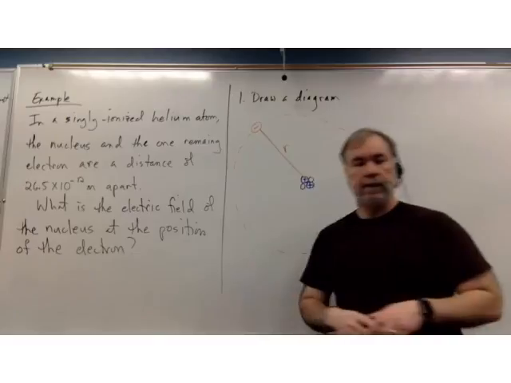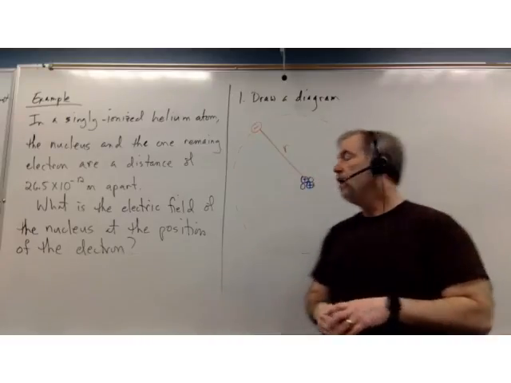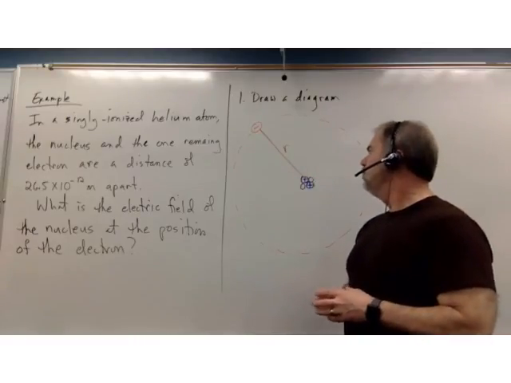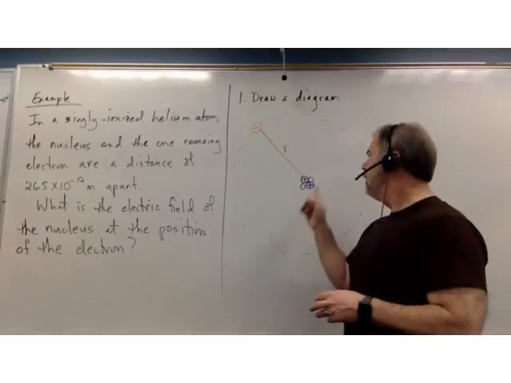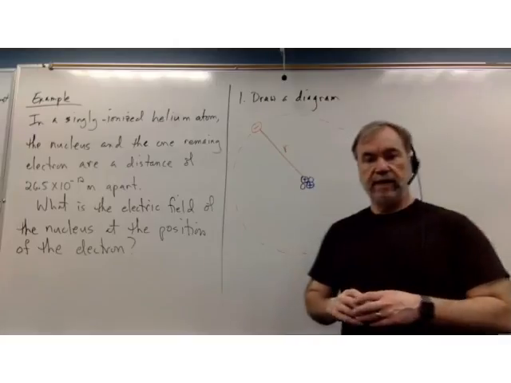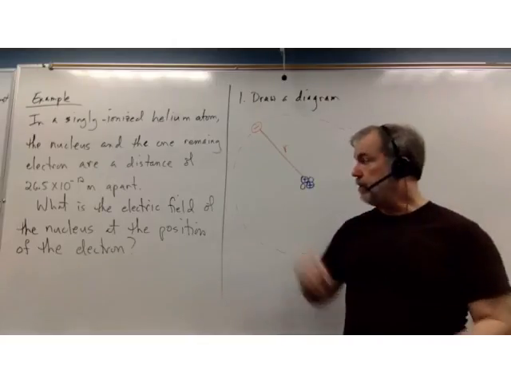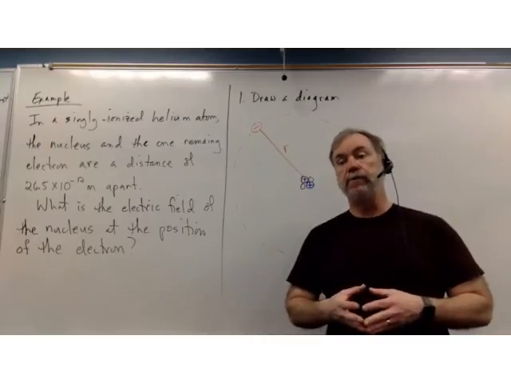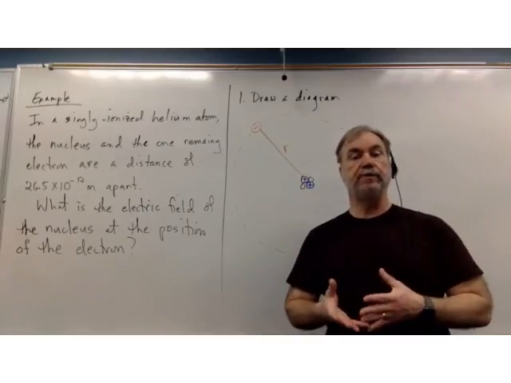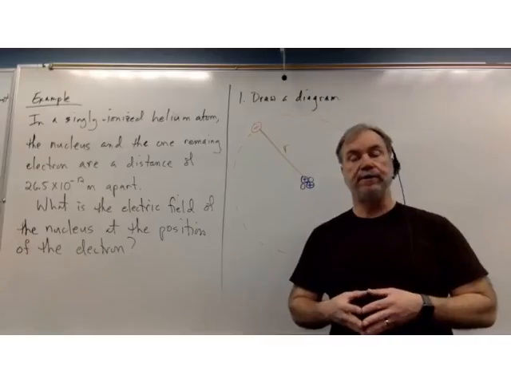But we need to think about a couple of things. First of all, the nucleus contains 2 charges, and therefore, in our expression for calculating the electric field, n equals 2. And so we would have q sub 1, q sub 2, and r sub 1 and r sub 2.